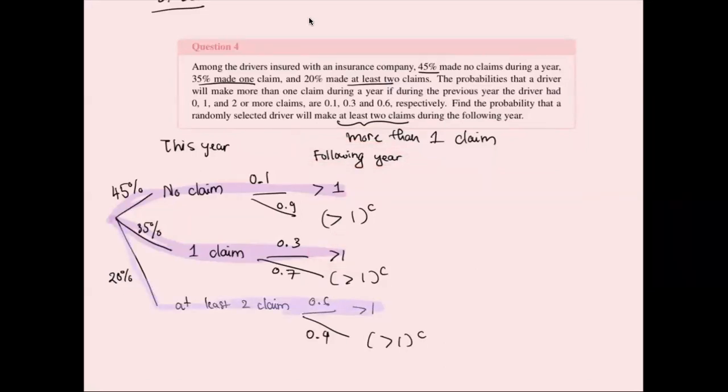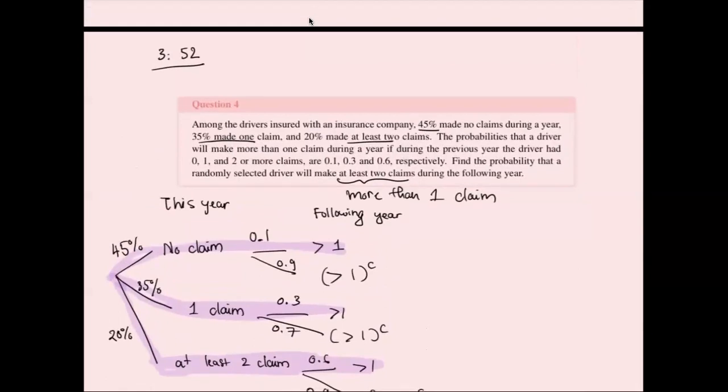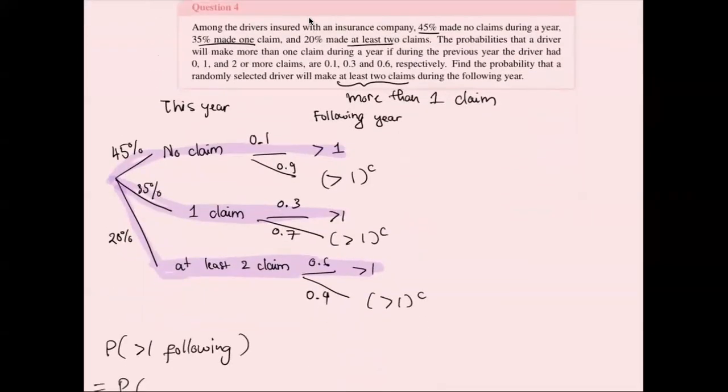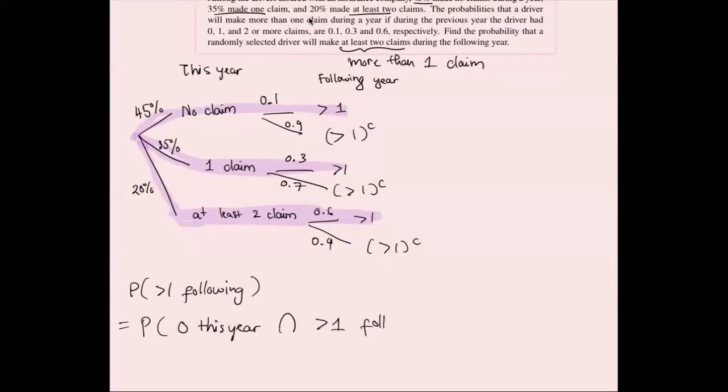And then this path, we will have to calculate the probability of each path and then add them together. We have the probability of more than one claim during the following year is equal to, what does this path represent? It represents no claim during this year and more than one claim during the following year.